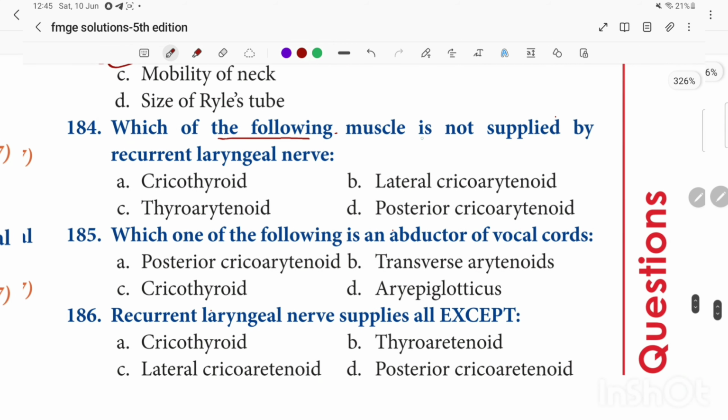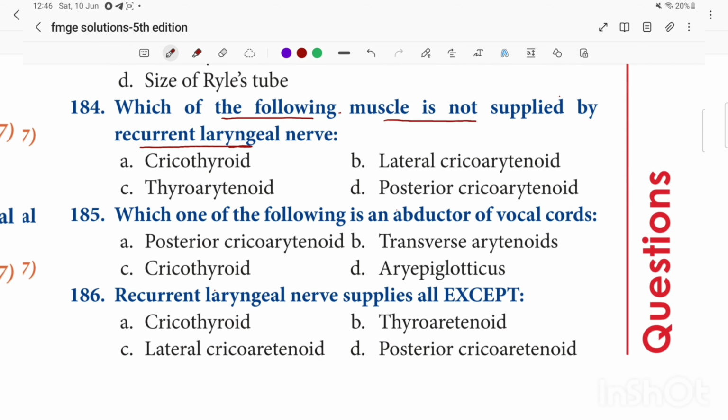Which of the following muscles is not supplied by the recurrent laryngeal nerve? Posterior cricoarytenoid.